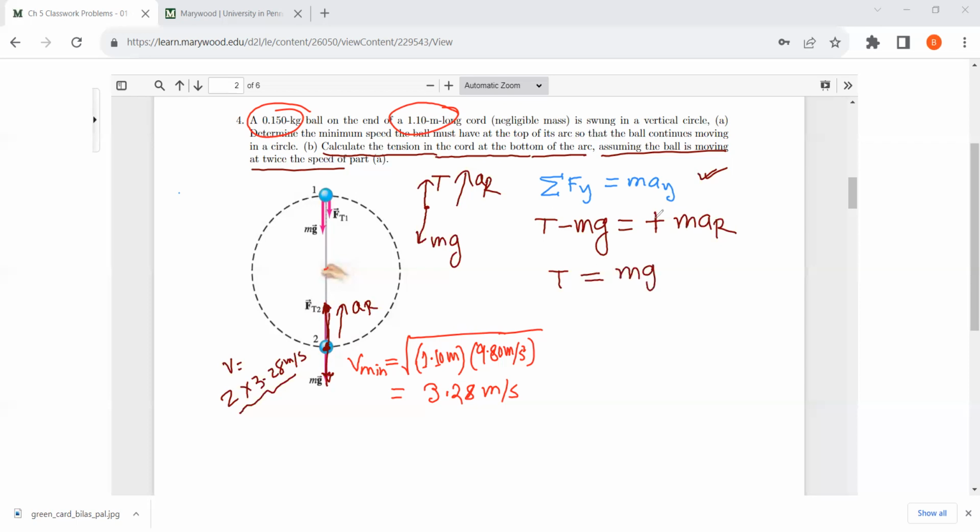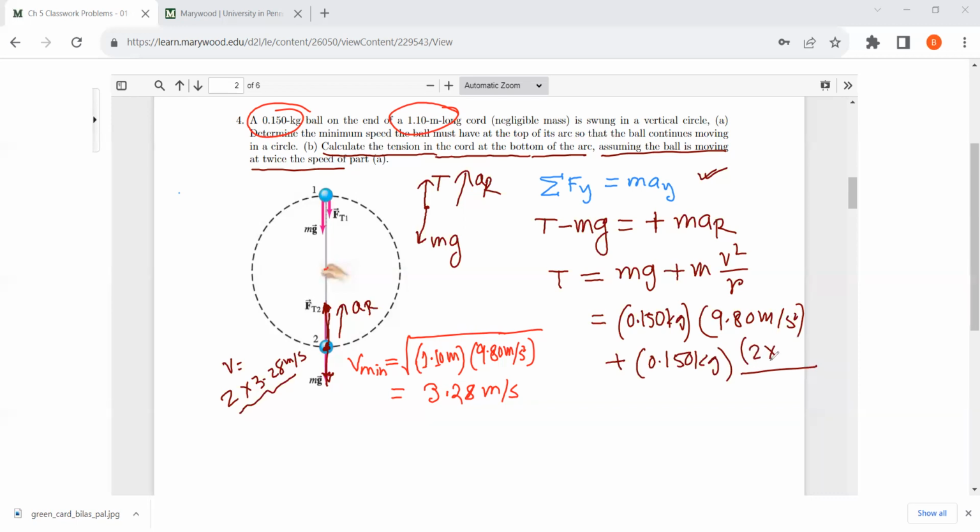T minus mg, so this is a negative sign, don't confuse it with T, plus m, and a_r is v squared over r. We know that m is 0.150 kilogram, g is the gravitational acceleration, plus again m, v is 2 times 3.28 meters per second, and R is 1.10 meters.